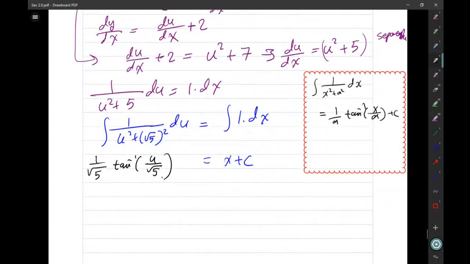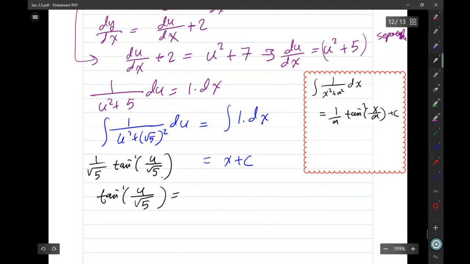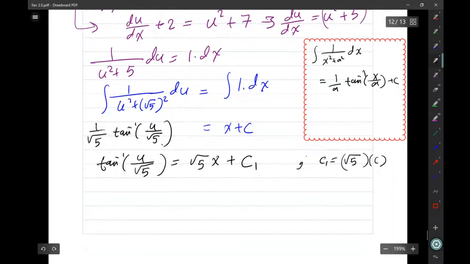Multiply both sides by square root of 5, it becomes tan inverse u over square root of 5 is equal square root of 5 times x plus another constant c1, such that c1 equals square root of 5 times c.